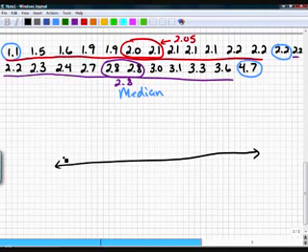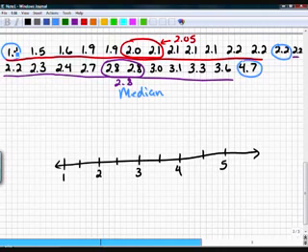I can say, okay, this is going to be 1, this is going to be like 1.5, and this is going to be 2, 2.5, 3, 3.5, 4, 4.5, 5. Because if you don't, you're going to have tons of little tick marks. And again, it's not exact, but as long as you're close, I'm good.